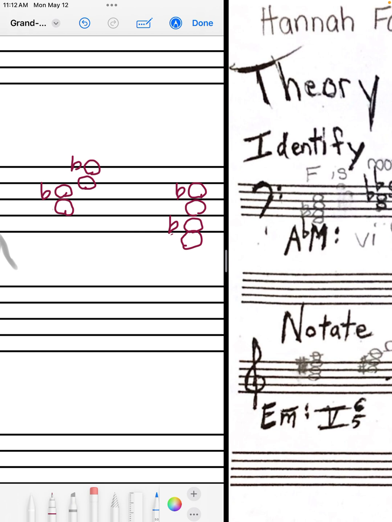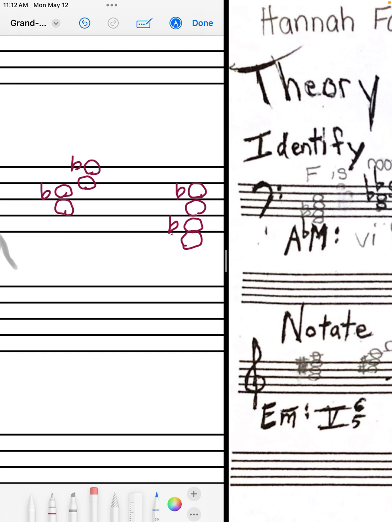Alright. D, F flat, A. D, F flat, A. C flat. Okay. A flat, B flat, C, D.